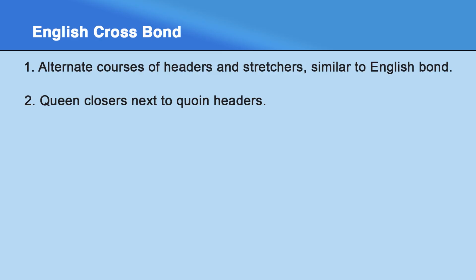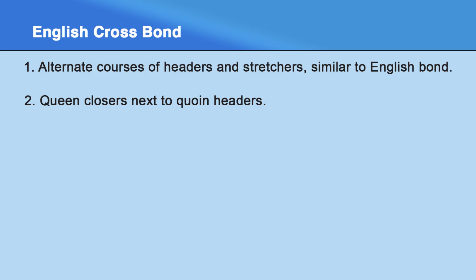English cross bond. It is a refined variation of the traditional English bond designed to enhance both the strength and aesthetic appeal of the brick masonry. The alternating courses: the bond features alternating courses of headers and stretchers, similar to the traditional English bond.